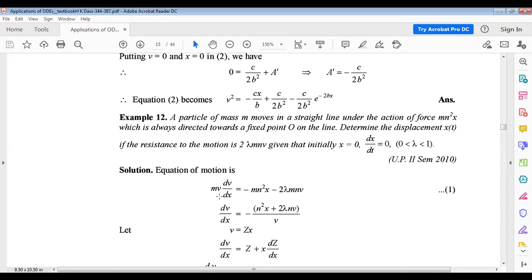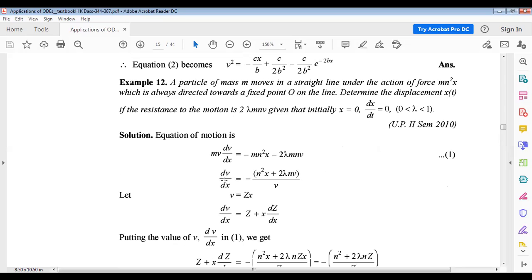So by the second law of motion, F equals the rate of change of momentum. This is the force and this is also the resistance of air. Using this, we can write dv/dx, taking v equals zx.